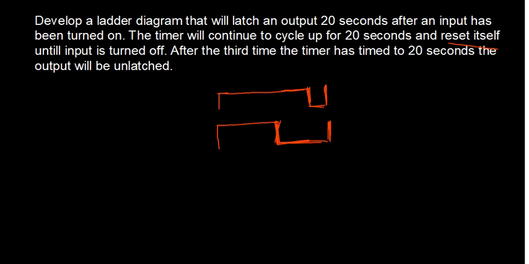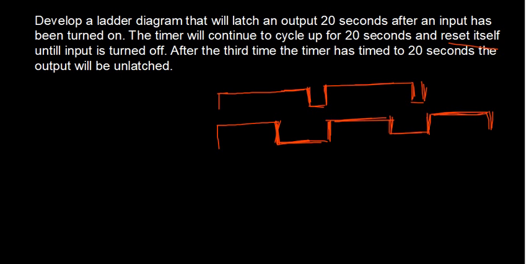Then this will be the third count for the timer. Whether it is turned on or off from here onwards, it doesn't matter. So this is the first 20-second period, this is the second 20-second period, and this is the third 20-second period, as far as this is concerned.